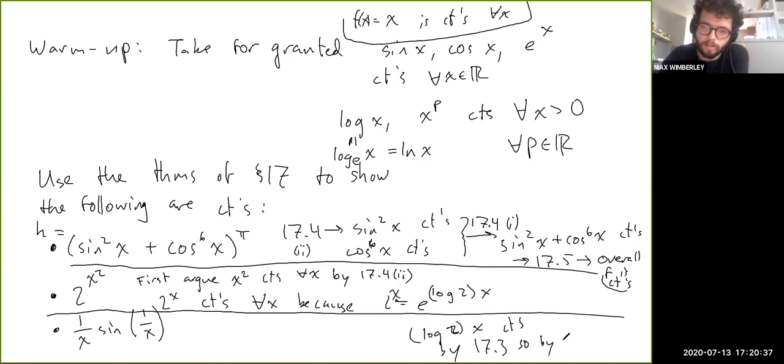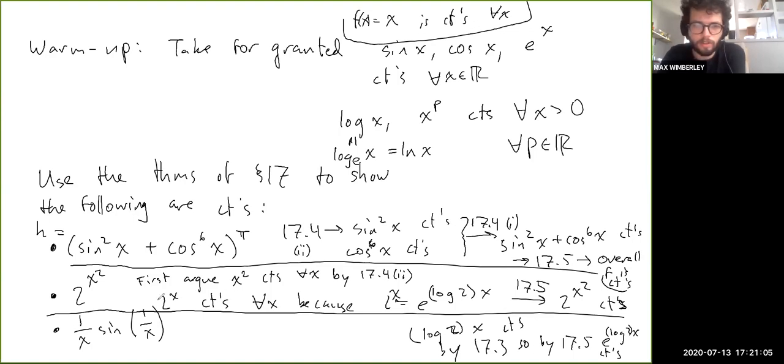So by 17.5, e to the log of 2 x is continuous, so 2 to the x is continuous, and then you can use 17.5 one more time to get that 2 to the x squared is continuous.